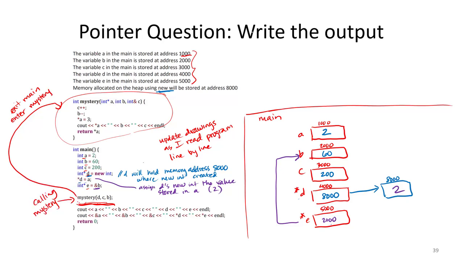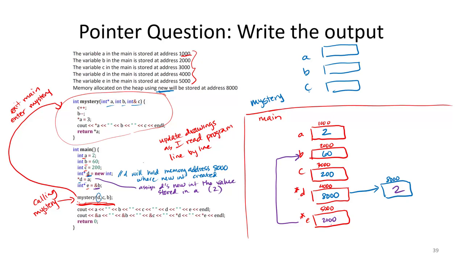So when we're inside the mystery function, it is going to have its own variables, A, B, and C. So notice the variables A, B, and C are local to mystery.